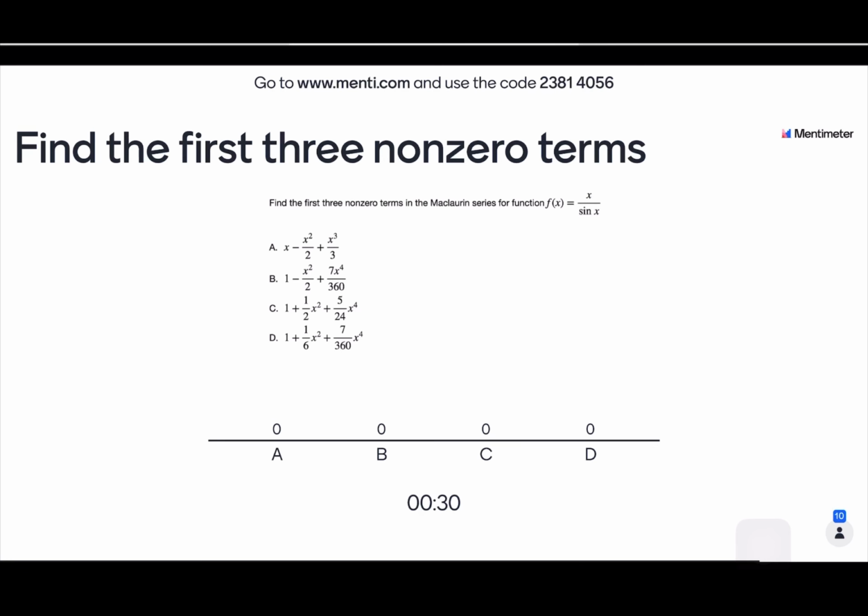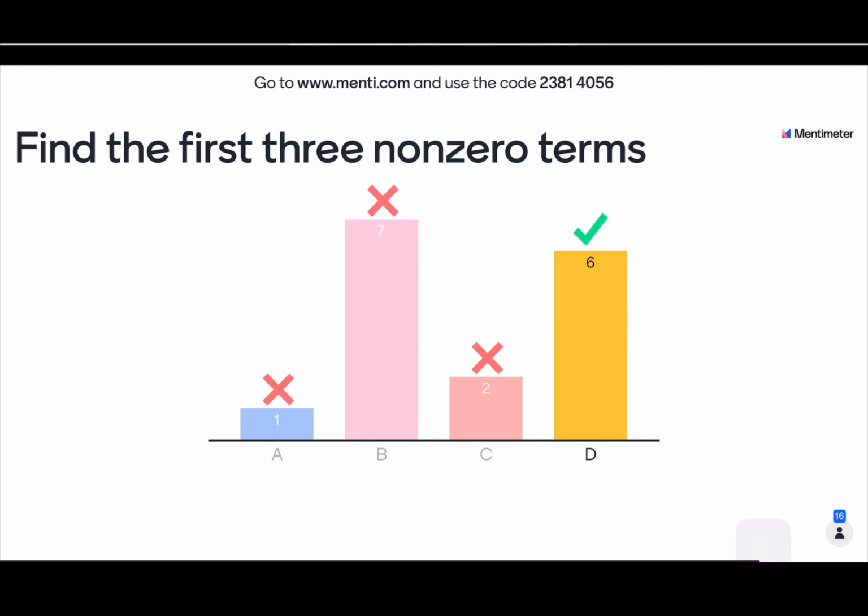Careful on the positive and negative. Okay, it's D, should be all positive because in subtraction you have minus, so minus will become a positive.